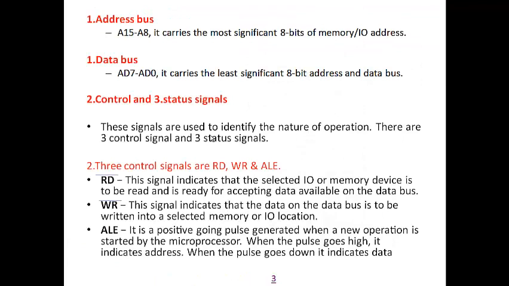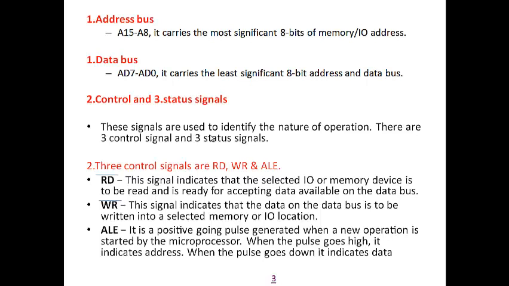The first one is with respect to address and data lines. Since it is an 8-bit microprocessor, it has D0 to D7, a total of 8 lines. And to address this, we have A0 to A15.